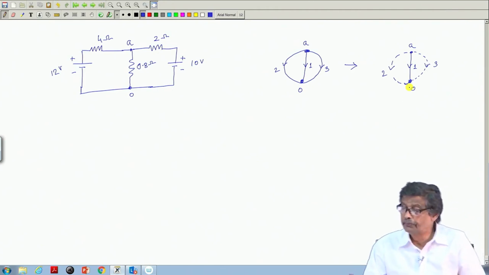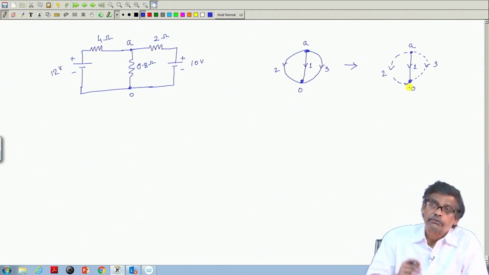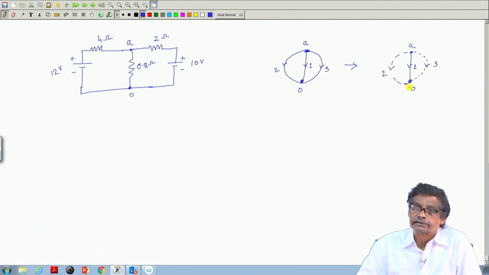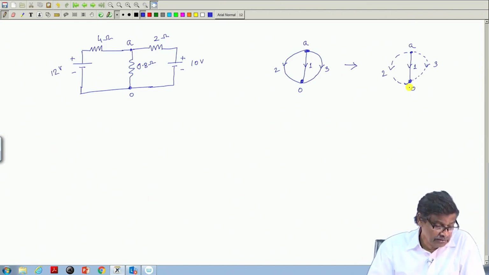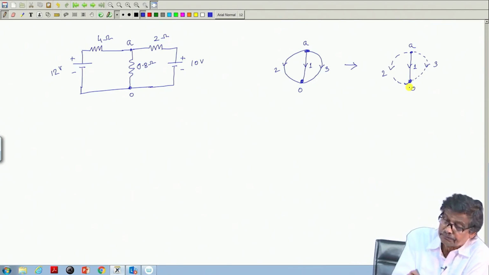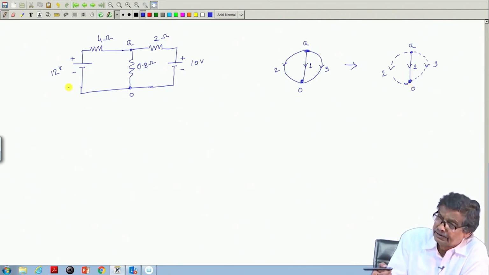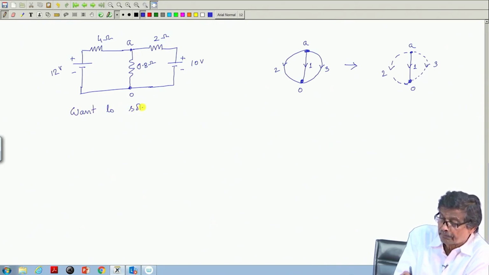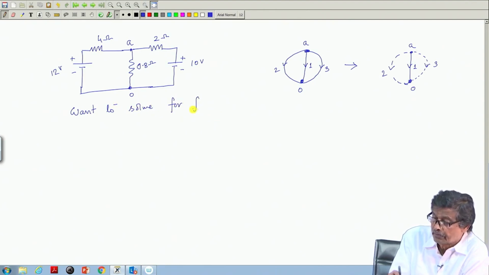Now, suppose I want to calculate the fundamental loop currents for this network. So, I have to form the B matrix. It is the loop current first, B matrix. So, I will write down, want to solve for fundamental loop currents.